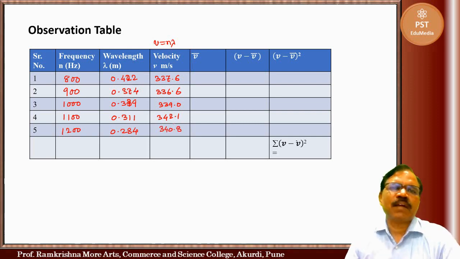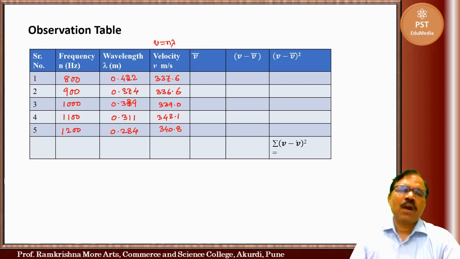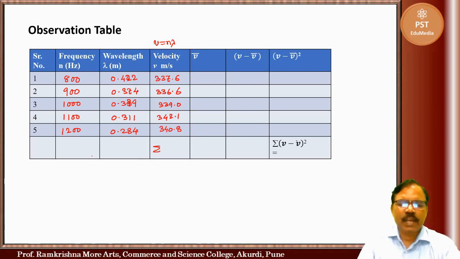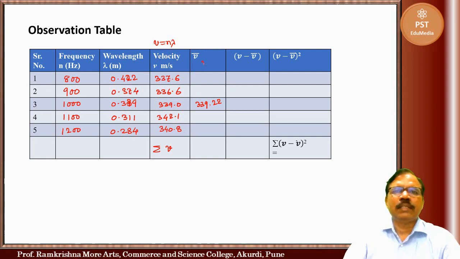So these are 5 readings. Add all these 5 readings and divide it by 5. We will get average velocity. So average V, divided by 5, we get the average here 339.22 meter per second. So this is the average velocity.